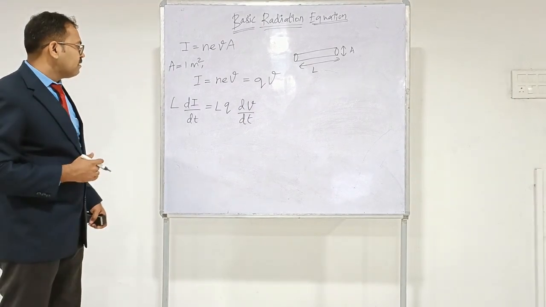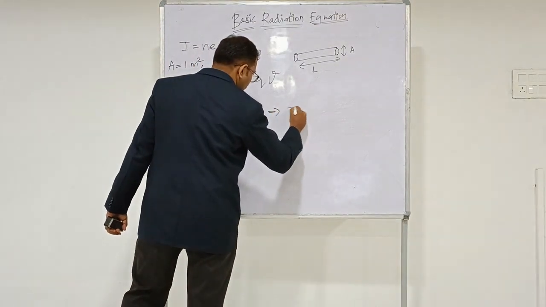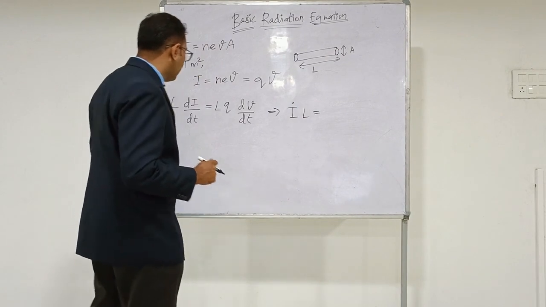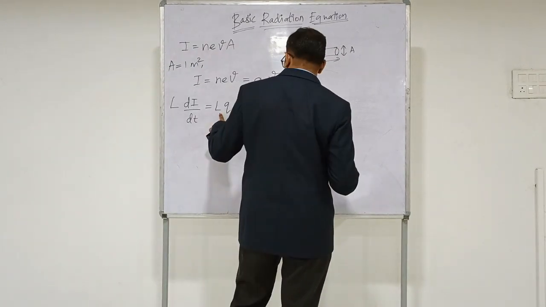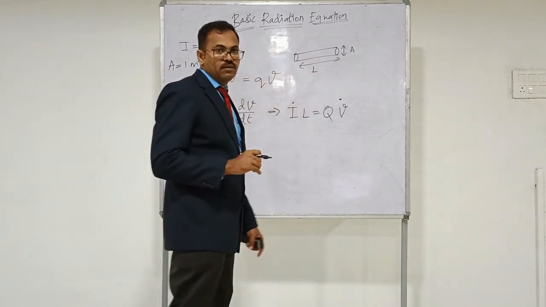So this equation can further be rewritten, and this can be considered as simply Q into V dot.